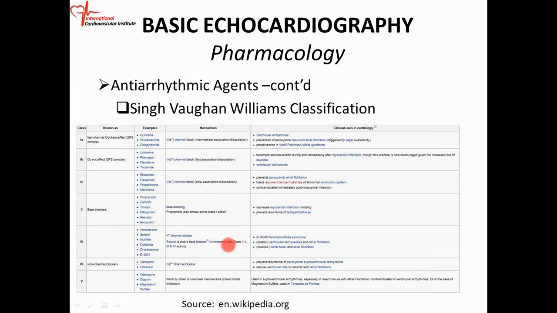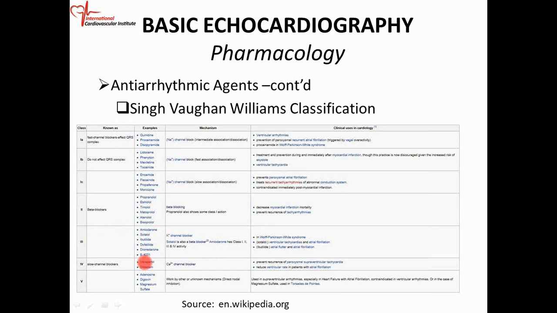You want to give something like procainamide, and probably something like amiodarone, because if you give someone with Wolff-Parkinson-White syndrome a medication that's going to block the AV node, they will use the bypass track, and the ventricular rate can become very, very fast, and the patients can develop ventricular tachycardia and death.